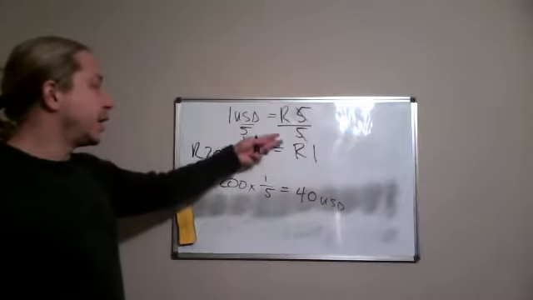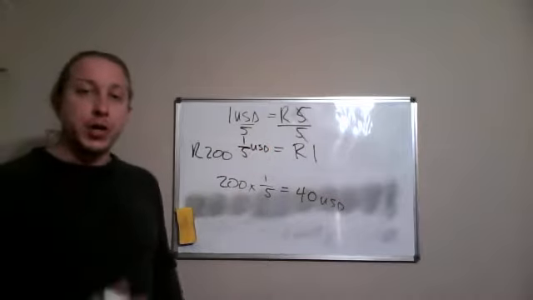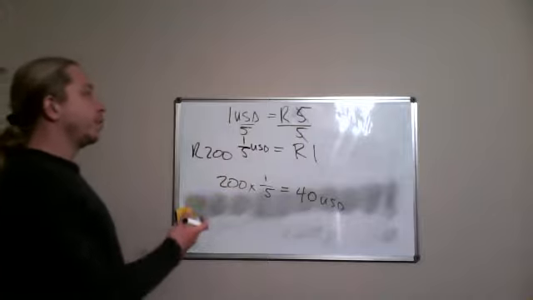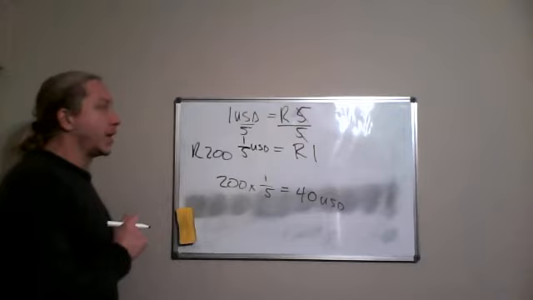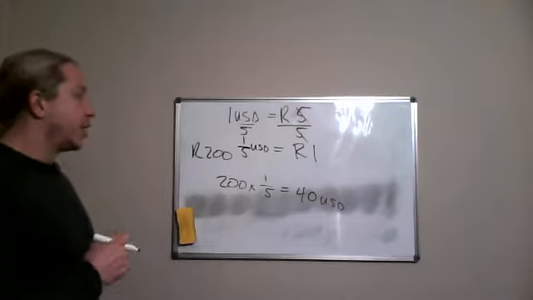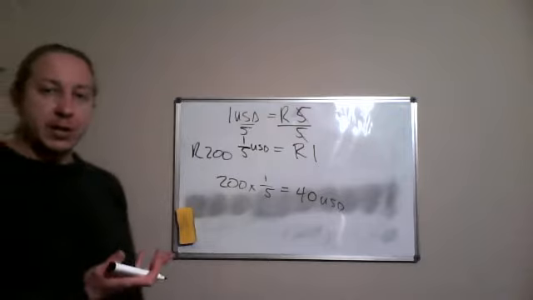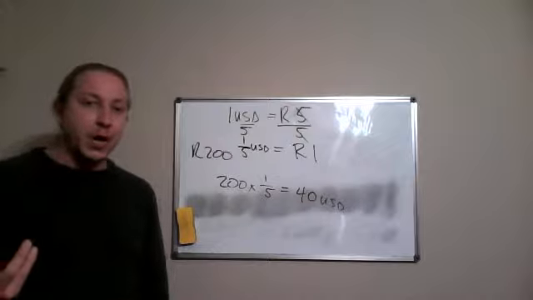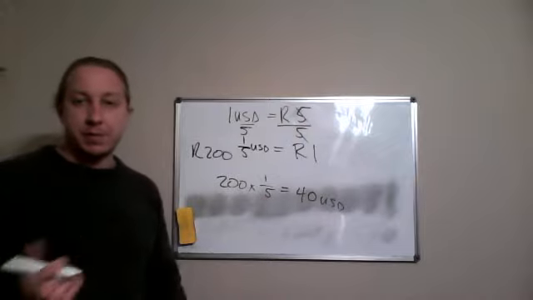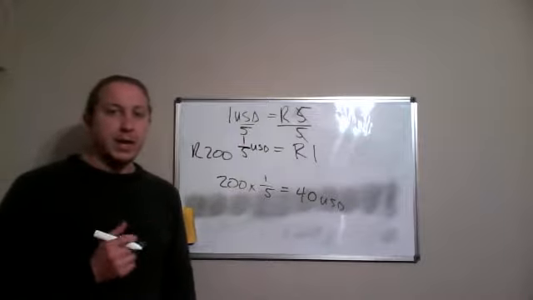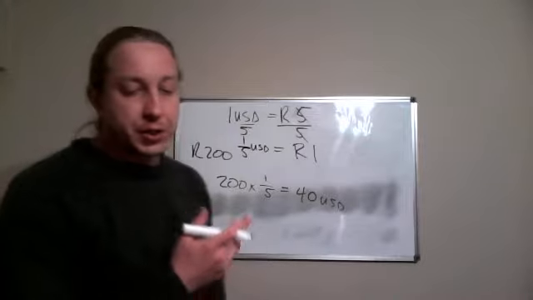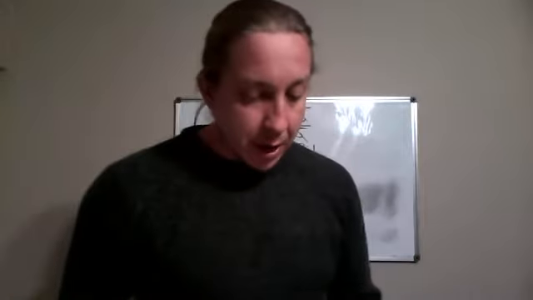Obviously, you didn't have to go through this conversion if you understand how the exchange rate formula works. You just had to divide by the price of $1. If you have 200 Rand, how many dollars can you buy? What is the price of $1? It's 5 Rand. So divide 200 by 5 and we get 40. It gives you exactly the same answer. It's just two different methods to get there.